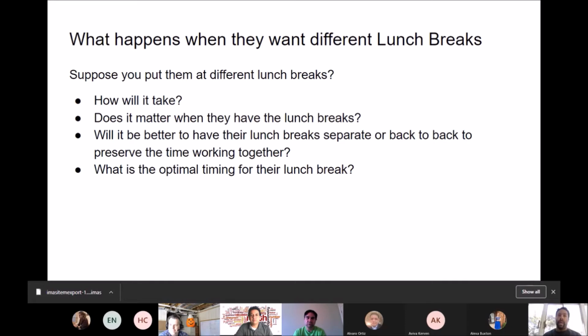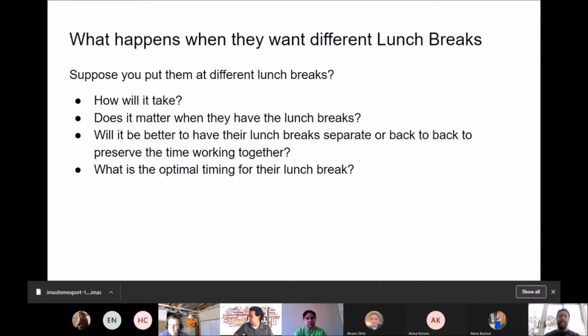It's accessible to everybody, but it also has enough difficulty in thinking about it that we can stretch and do lots of difficult things that we don't know the answers to. So how long would it take if they have different lunch breaks? Does it matter when they have lunch breaks? What happens if they have them back to back?